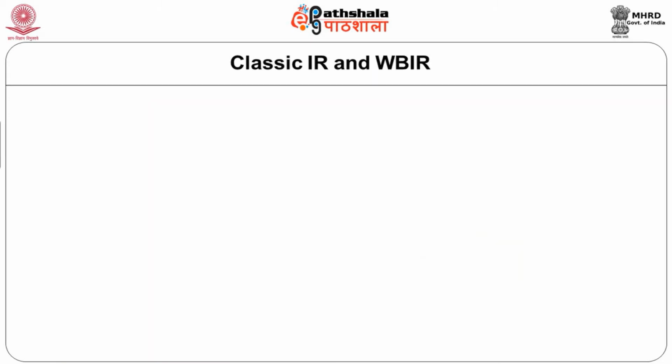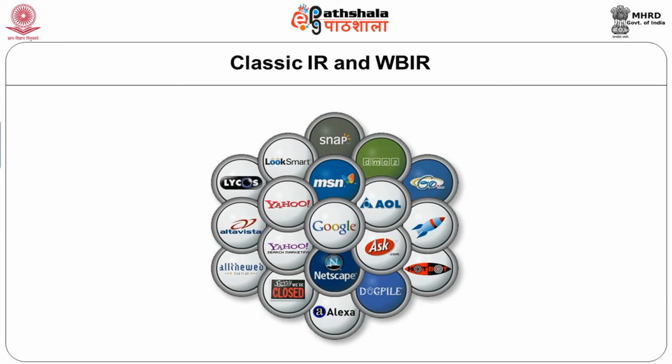So, this brings the discussion to what IR is in the classic method, that is the classic IR, and how it differs from web based information retrieval. Information retrieval is a very important task done by most persons today, and they do it not only for academic or scholarly purposes, but also for daily life requirements, maybe to find a place where a person is going, or to find the nearest dentist.